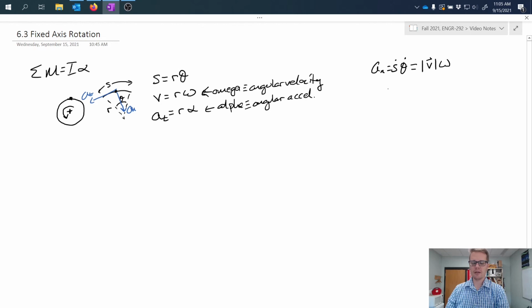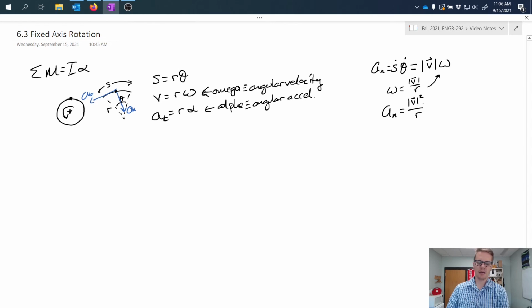Rewritten in terms of omega, that is v over r, the magnitude of the velocity vector over r. If I plug this in for omega up here, then I get that the normal acceleration is equal to the magnitude of the velocity vector squared divided by r.